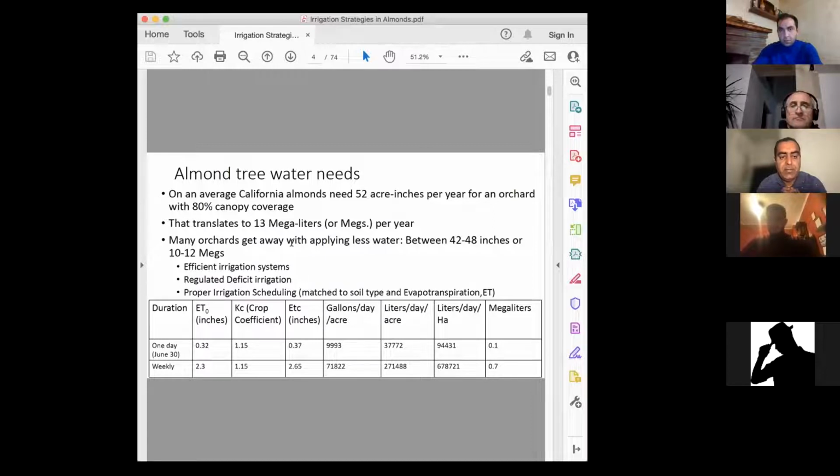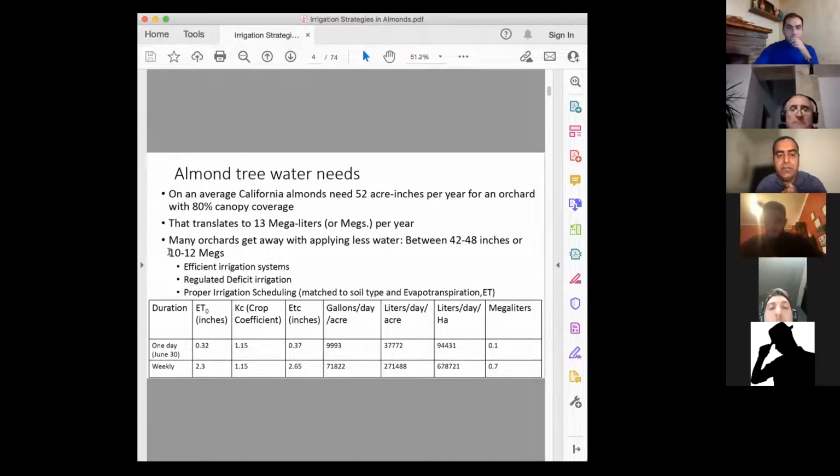The basic calculation is that 1 acre foot per acre is about 3 megaliters per hectare. But most of the orchards don't irrigate about 13 megaliters. They just irrigate about 10 to 12 megaliters.